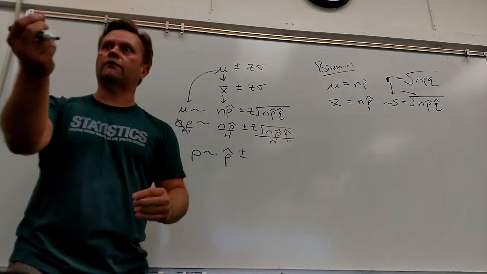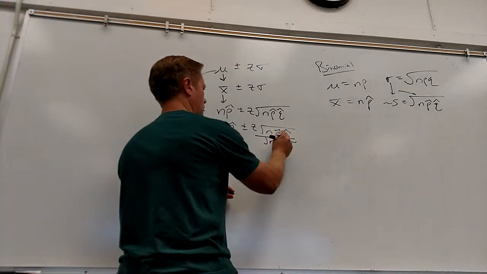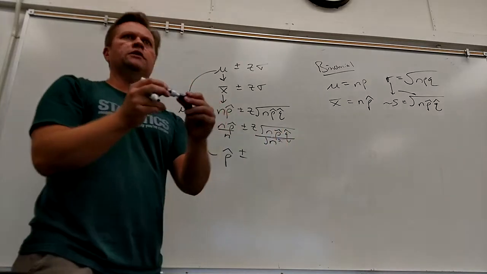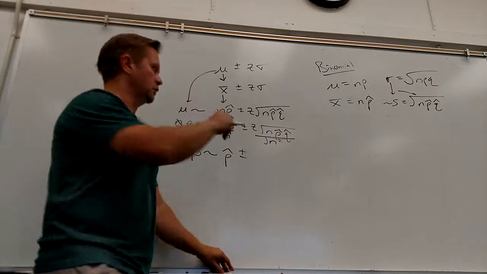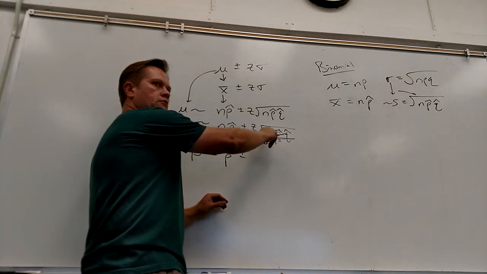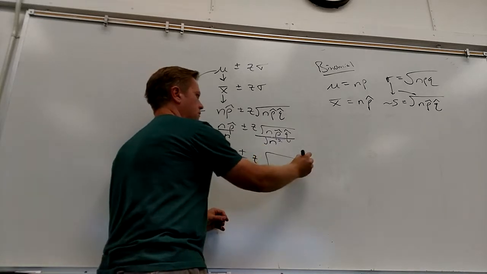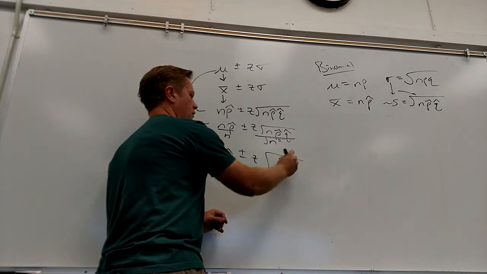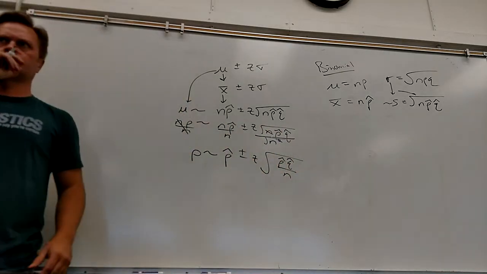Then you've made them have the same root, right? You guys see that? Square root of n squared is n. But what I just did was allow myself to reduce this. So you get plus or minus z, square root, p hat, q hat over n.